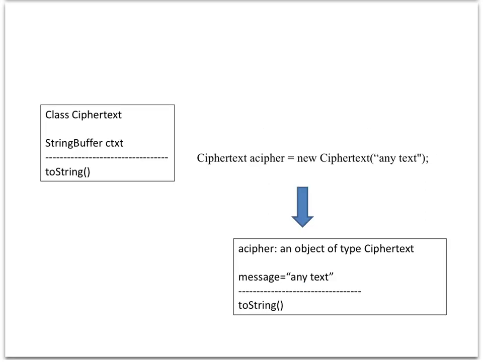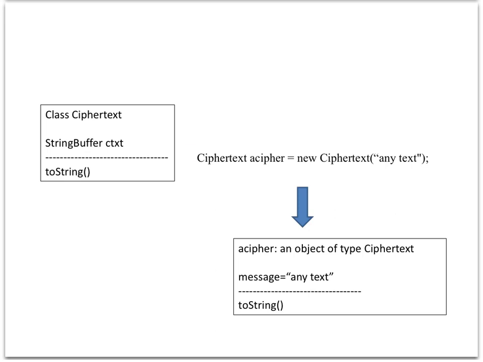Now this is the ciphertext class, and in the ciphertext class we have a string buffer variable called ctxt, and then we also have a toString method. So this is a really simple class. And then in this line I'm creating an object of the class and sending any text as an argument, and this any text will be assigned to the variable ctxt.